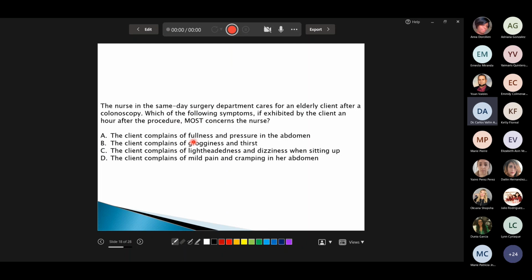The client complains of fullness and pressure in the abdomen. The client complains of grogginess, which means sedated, sleepy, and thirst. The client complains of lightheadedness and dizziness when sitting up, and the client complains of mild pain and cramping in her abdomen. What do you think is the most concerning here? If you have a question similar to this in the NCLEX.